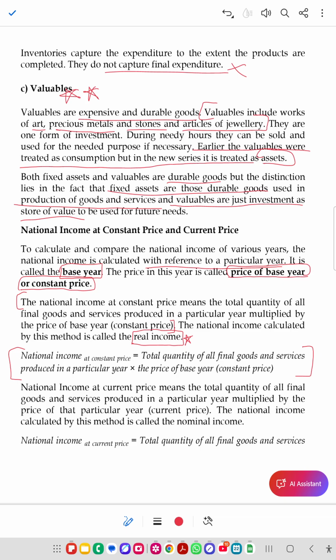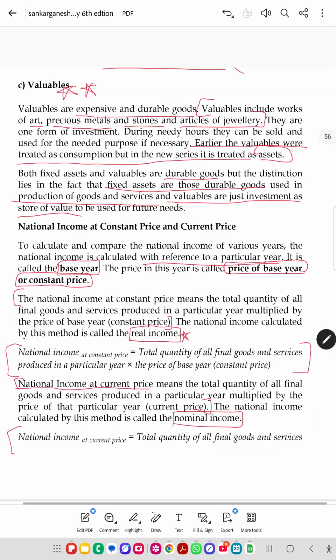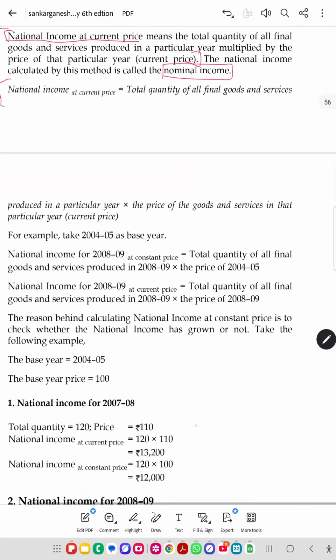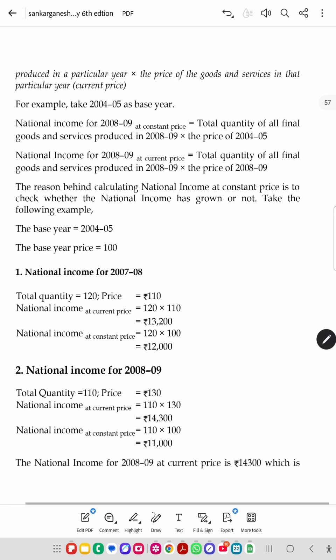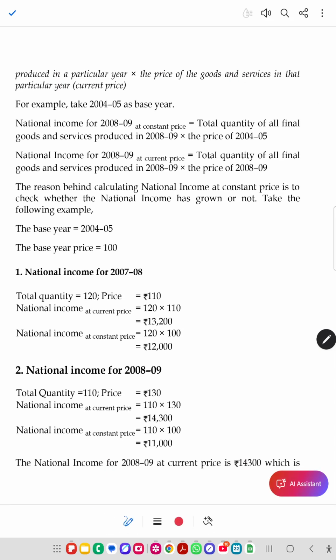National income at current price means the total quantity of final goods and services produced in a particular year multiplied by the price of the particular year, the current price. National income calculated by this method is called nominal income. National income at current price is equal to the total quantity of final goods and services produced in a particular year into the price of goods and services in that particular year.